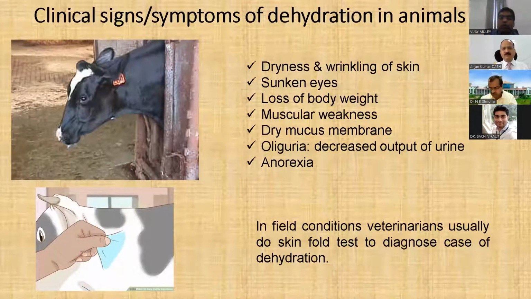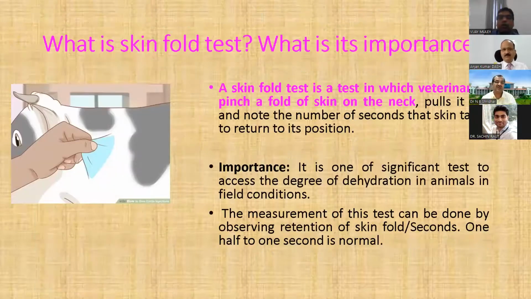So in field conditions, veterinarians are going to hold a fold of the skin and try to diagnose the case of dehydration. So what is the skin fold test? It's a very simple test, in which the veterinarian pinches a fold of skin on the neck and pulls it out, and notes the number of seconds the skin takes to return.